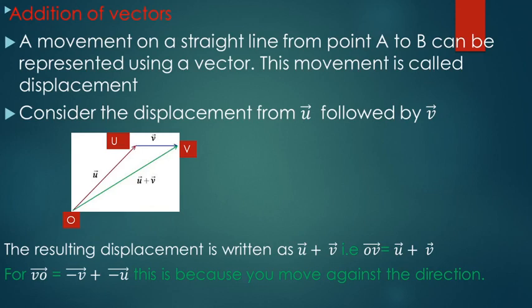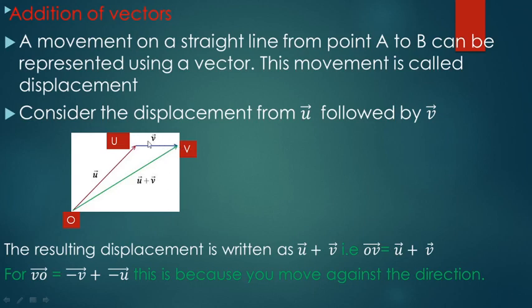What if the question was you find VO? Remember VO, the starting point is V and you want to reach O without going direct. So you'll have to go VU plus UO. So VU, remember the direction is this way, so you are going against the direction.